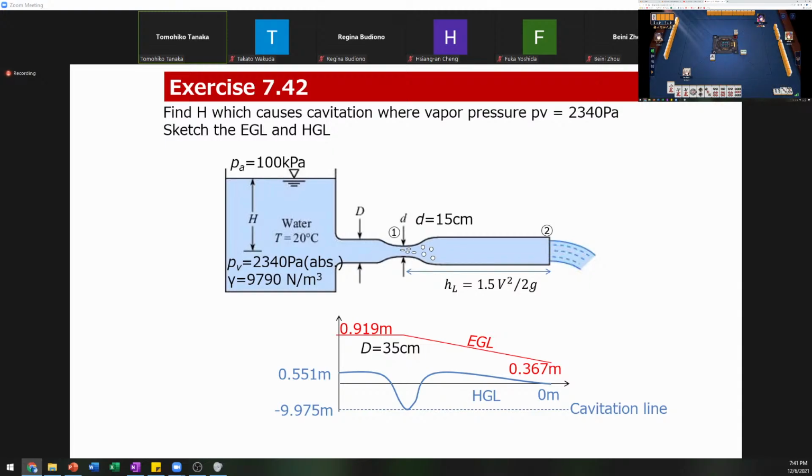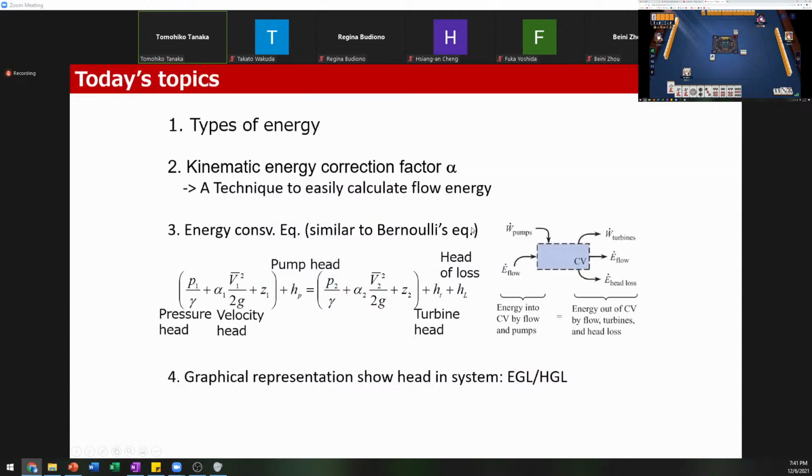So let's review today's topic. Today's topic was on types of energy and the kinetic energy correction factor alpha. This is a kind of mathematical technique to easily calculate the flow energy even when there is a velocity profile.